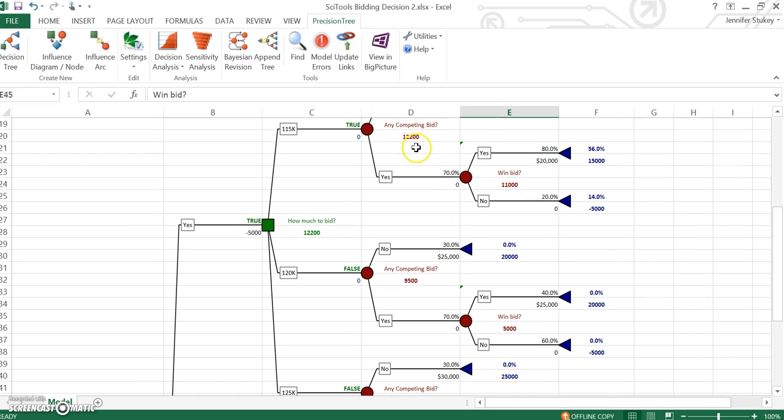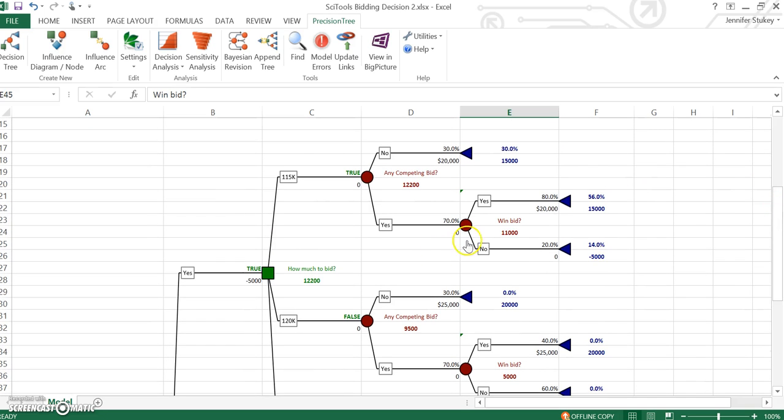Now again, I want to point out that in none of these cases would you make exactly the EMV. If you bid 115K and you got the bid, the company would make $20,000. The reason the EMV is higher is because there's a much better chance that the company would get the bid by bidding 115K than if they bid 120 or 125.